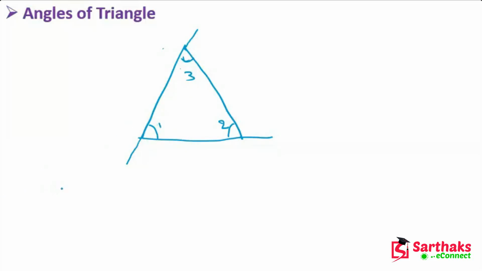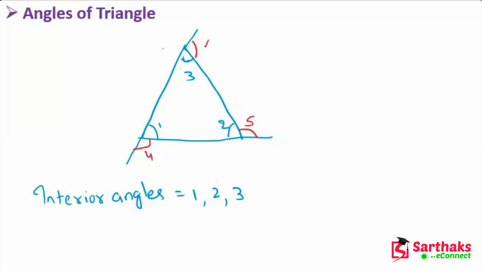So we can say that the interior angles are 1, 2, 3. There are exterior angles also, this and this, which we can name 4, 5 and 6.